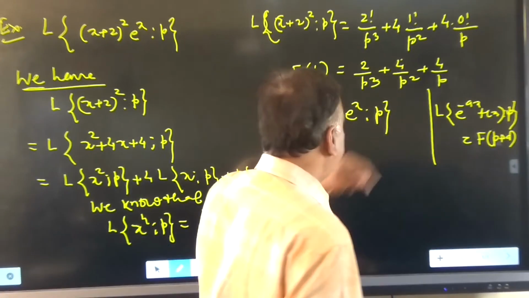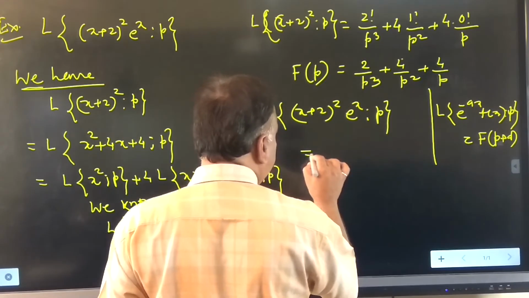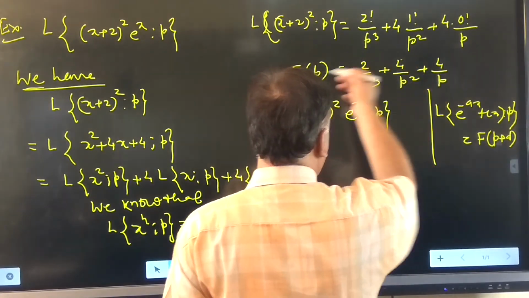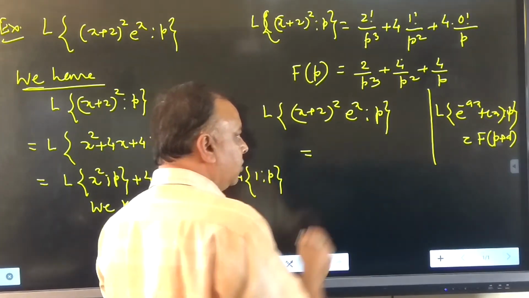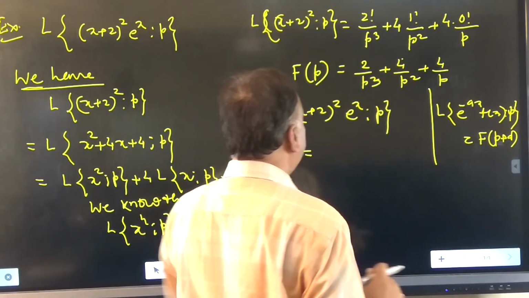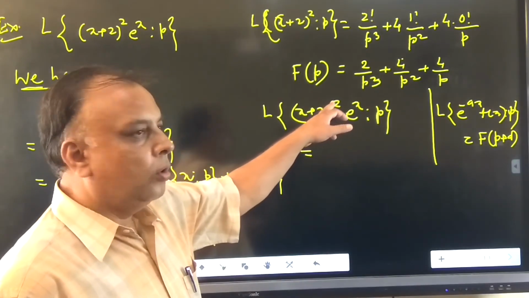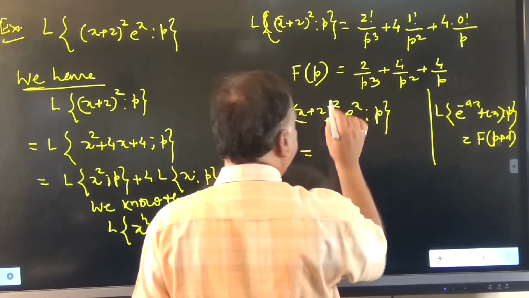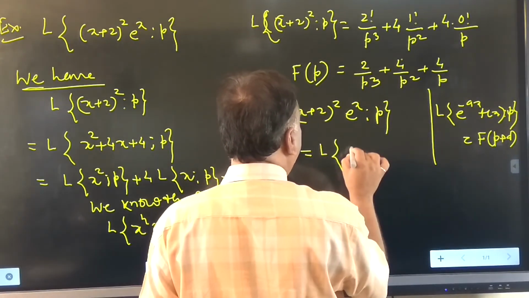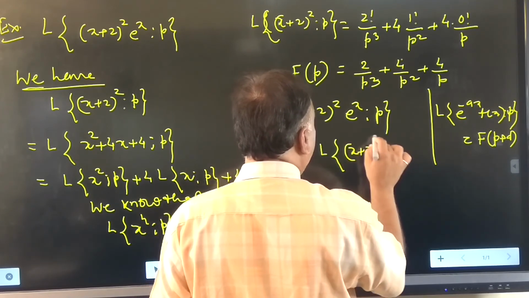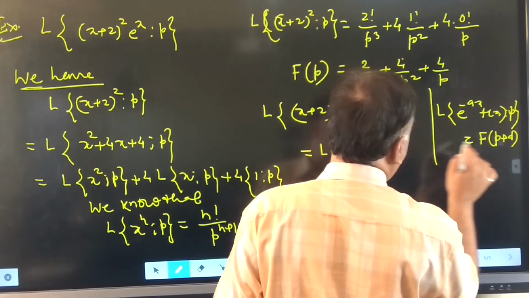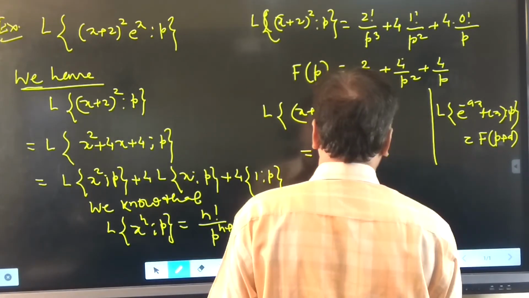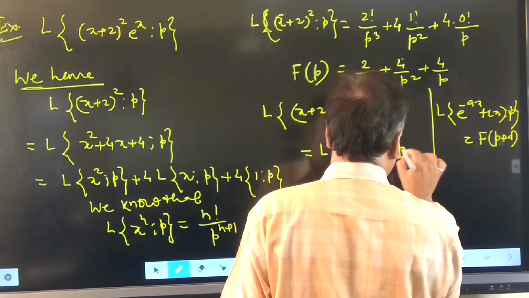So the Laplace transformation of (x plus 2) whole square e raised to x is equal to F(p plus a). Here p plus a is p minus 1.